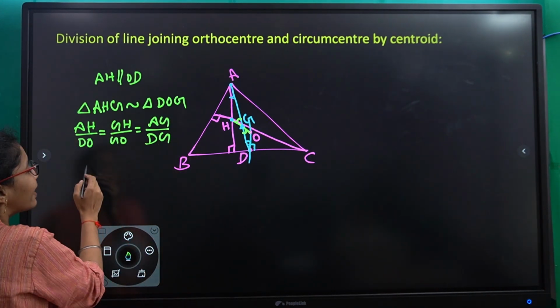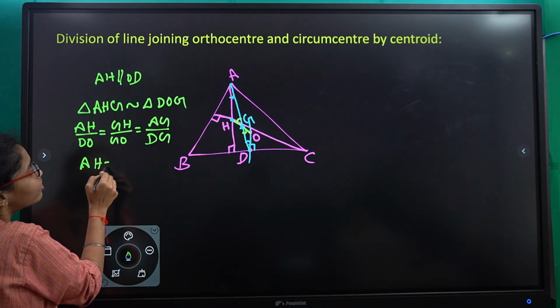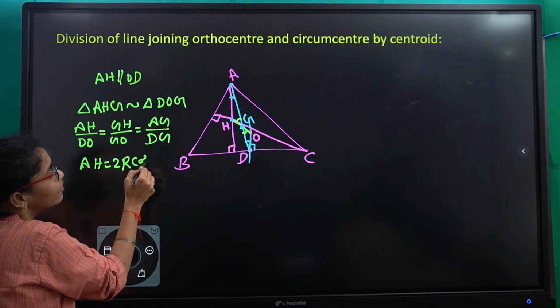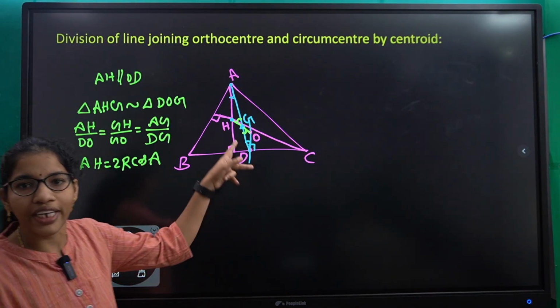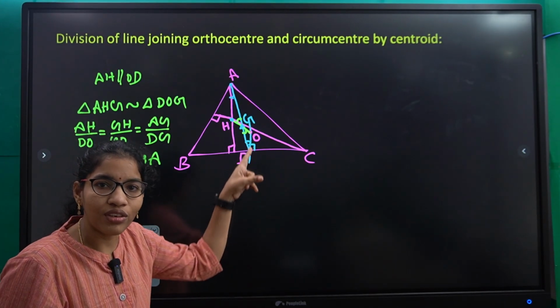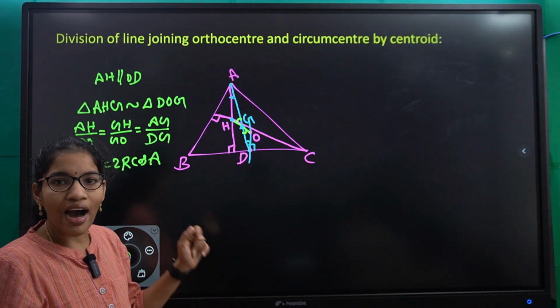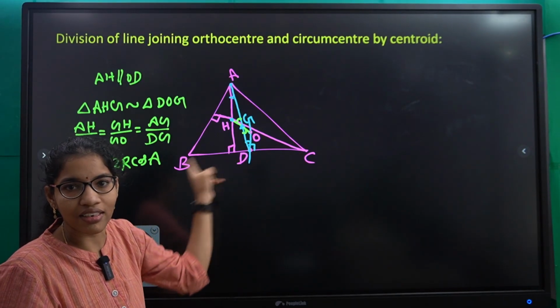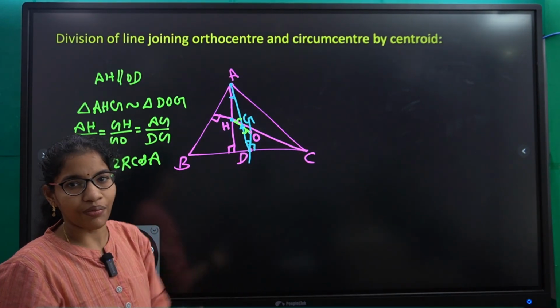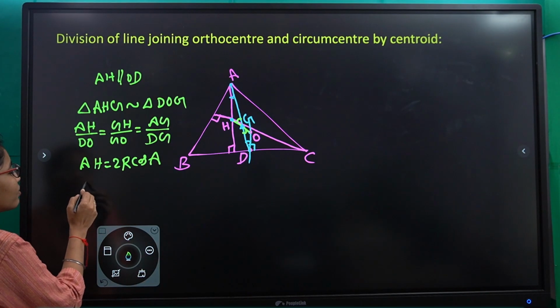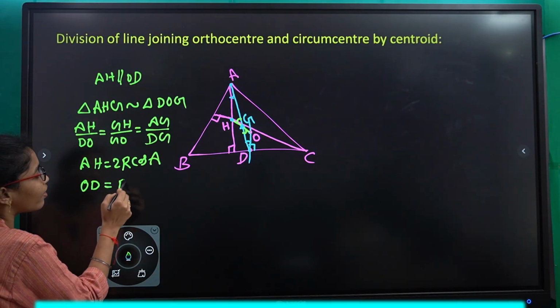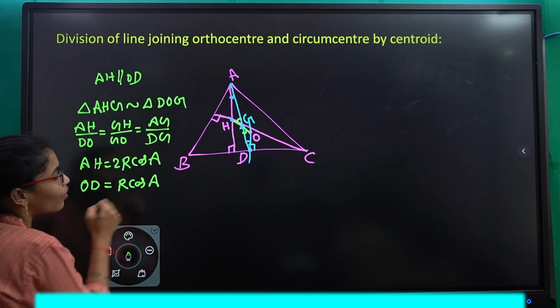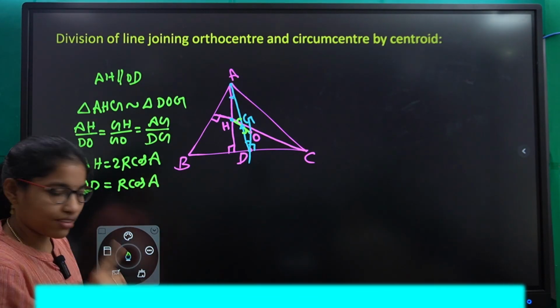So from that I can say here AH is 2R cos A, and what about OD here? From the circumcenter to the side, what is the distance? R cos A, and from the circumcenter to the vertex, what is the distance? Which is nothing but the circumradius, right? So OD equals R cos A. Already we proved these two lengths.